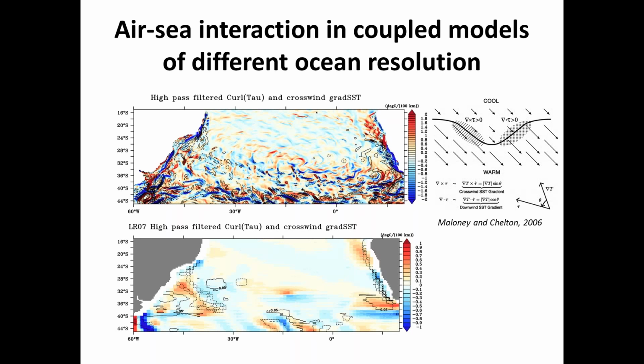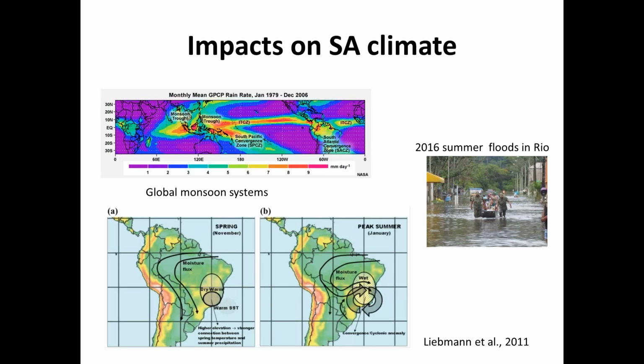We see a lot of the contours here, the wind stress curl and the gradients of SST, and you see a strong coupling between these mesoscale features and the wind, of course along the boundary where you have stronger currents, and of course the Agulhas region. This interaction is even stronger, and it's generally not captured in low resolution models. So a lot of these interactions may not be represented in our climate models, and it has an impact on climate.